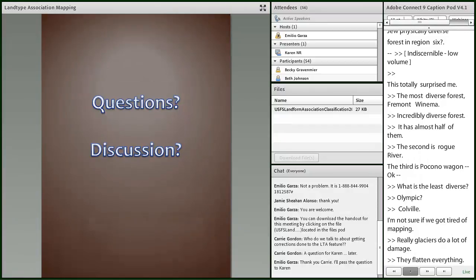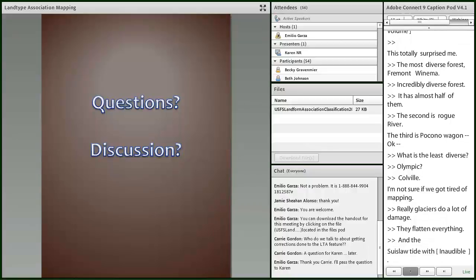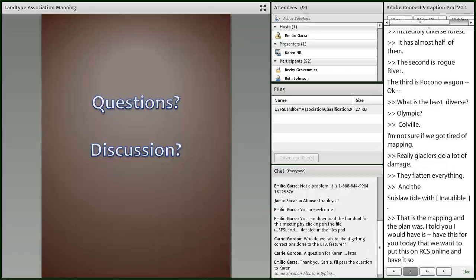Well, fun facts. So that's the mapping that we've been doing, and the plan was, and I actually told you I'd have this for you today, but I didn't, is that we really want to put this on ArcGIS Online so that you can look at the whole region, hover over an area, and it shows you where that land type or landform shows up anywhere in the region.